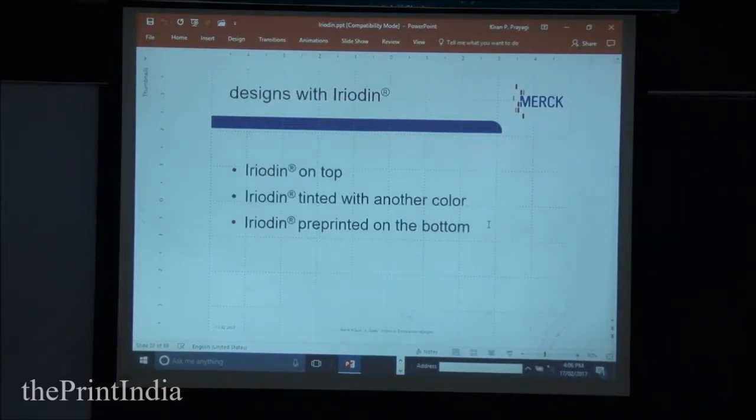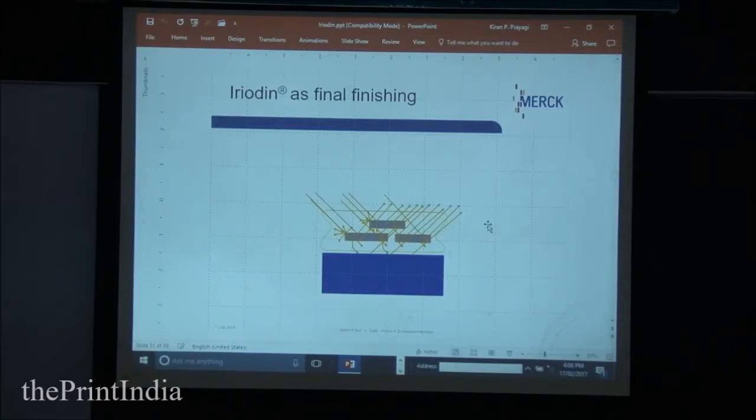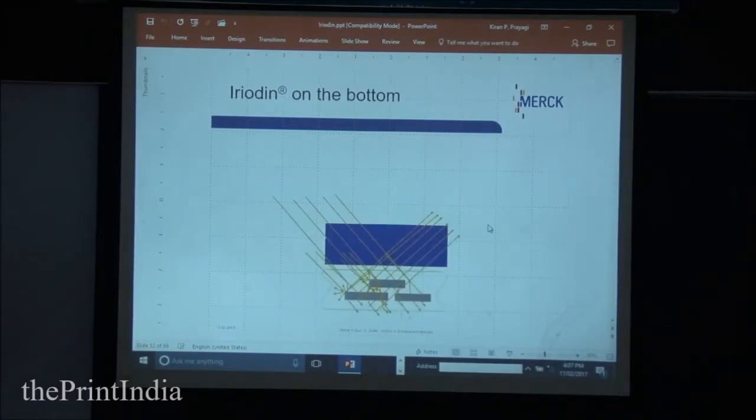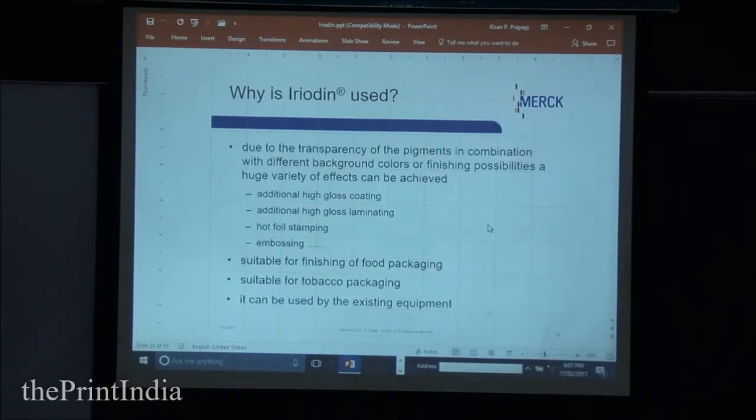It can also be deposited at different level, on the top of the ink, on the top of the paper, within the ink, within paper manufacturing, or final coating. So it gives you high gloss and everything what you can think of as a product security and to enhance as a value addition to your product.